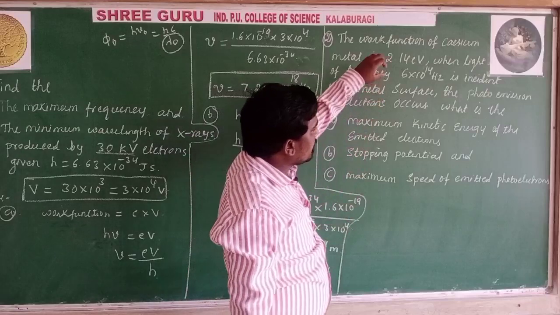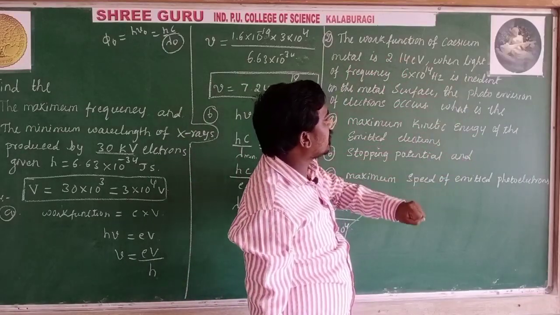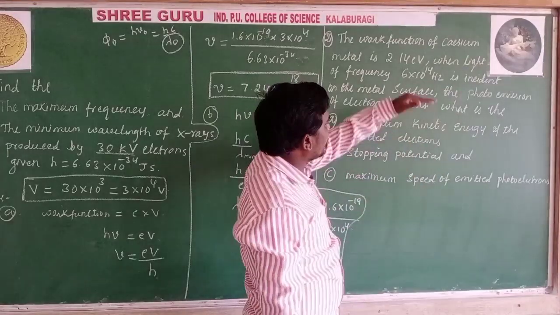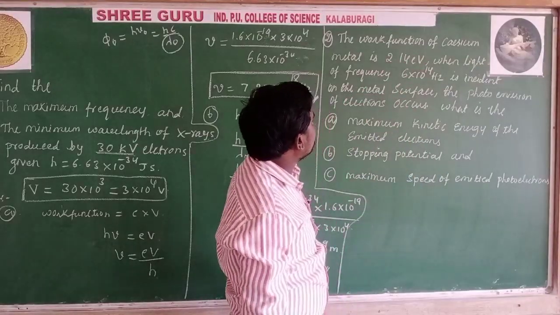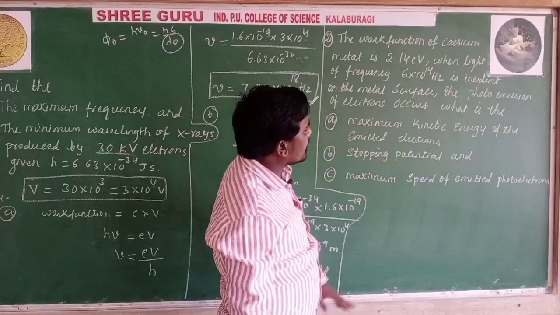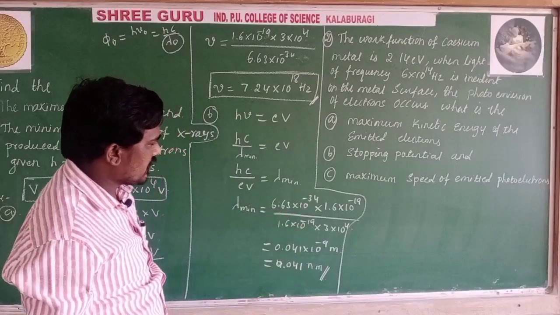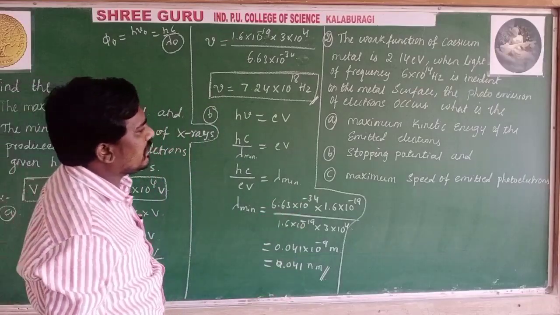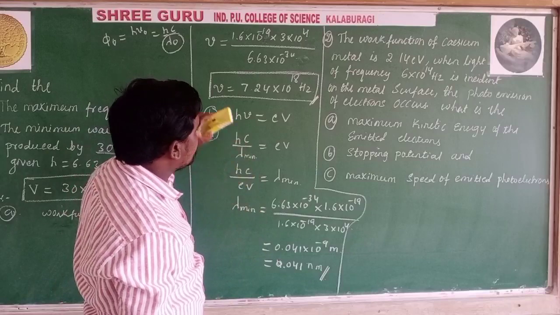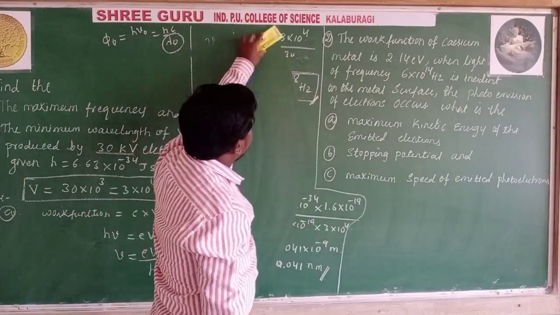Using this frequency, the emission of electrons takes place on that particular cesium metal. Then we should find the maximum kinetic energy of emitted electrons, the stopping potential, and the maximum speed of emitted electrons. Okay, one by one we'll discuss.